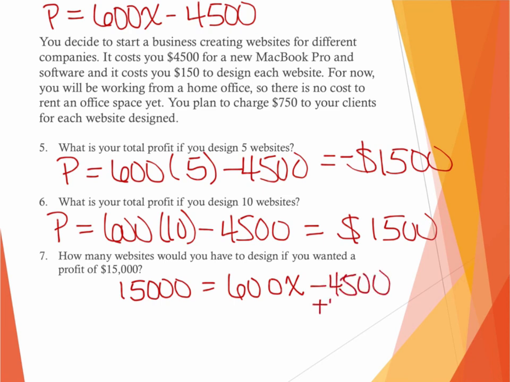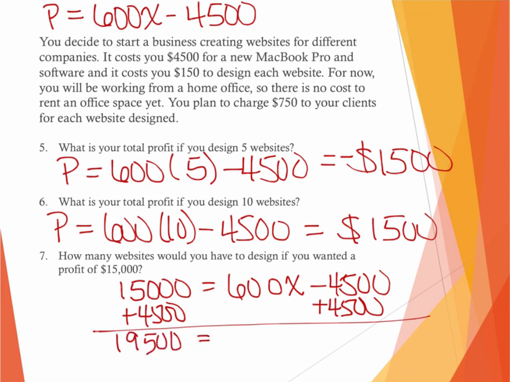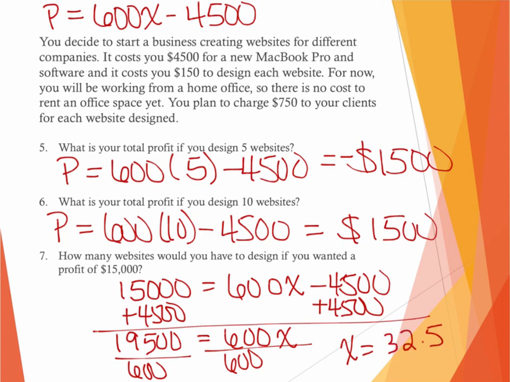I would add 4,500 to both sides, which gives me 19,500 is equal to 600x, and divide each side by 600. So x would be 32 and a half websites. So in reality, we would need to create at least 33 websites to get that $15,000 that we're looking for.